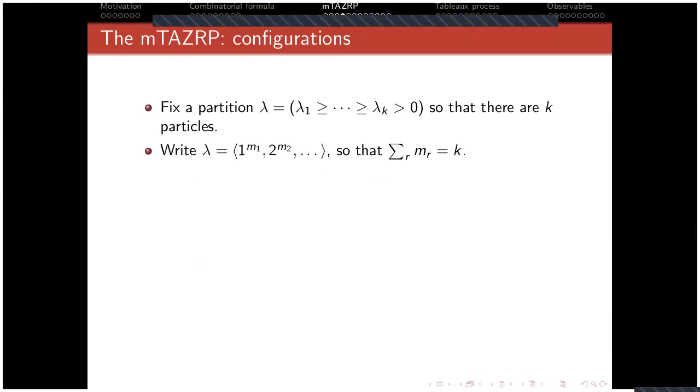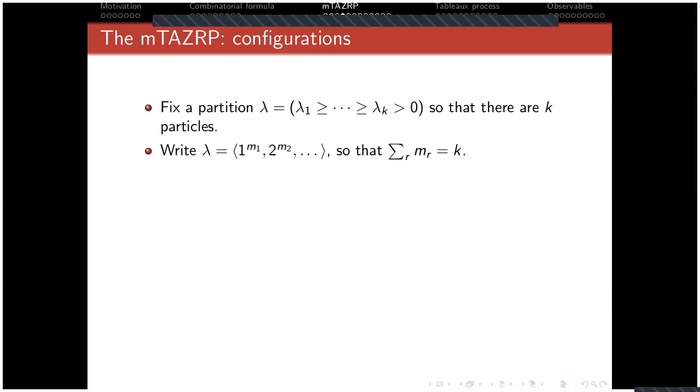So you fix a partition now. We will think of the partition as the content of the system. If lambda 1 is 3, then that means there is a particle of type 3, and so on. In particular, we can write lambda in frequency notation as 1 to the m1, 2 to the m2, and so on.